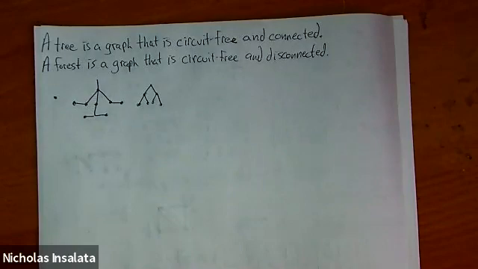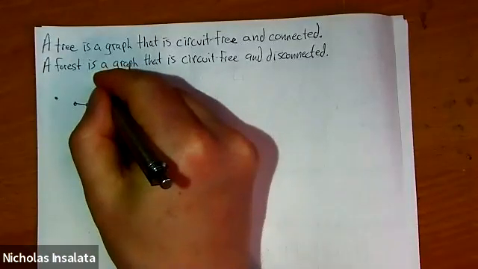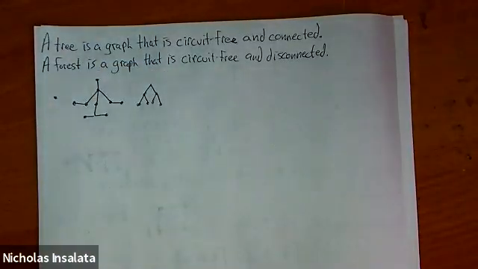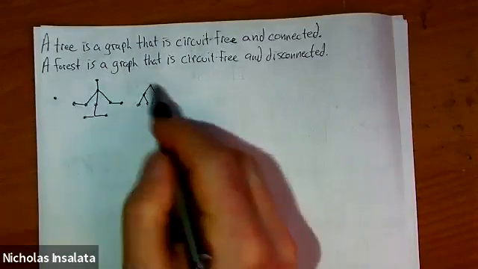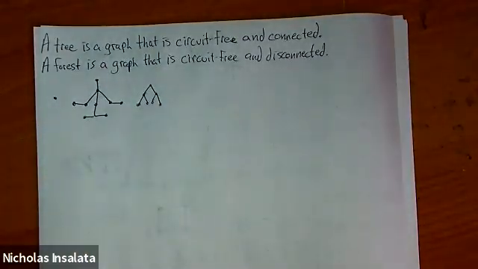And the thing that makes a tree or a forest is that it's circuit free. So if we were to try to ruin this, let me ask the question this way. What could we do to any of these graphs that would make it not a tree anymore?